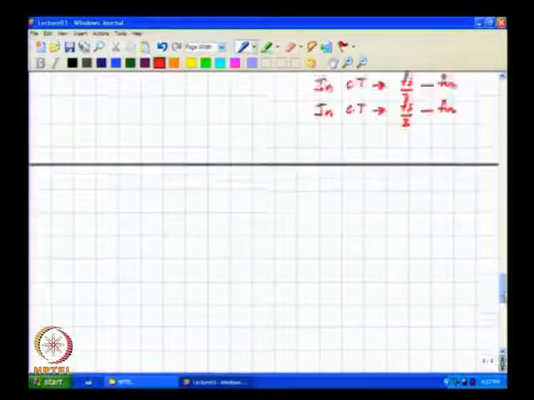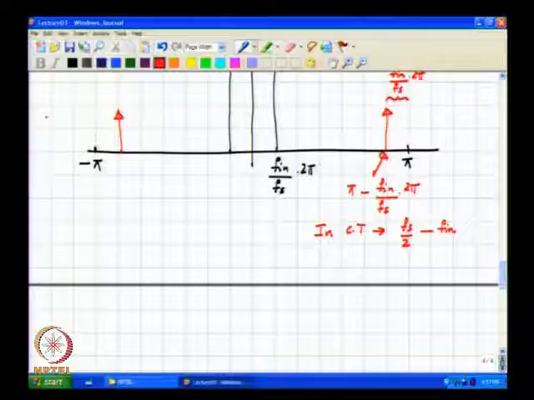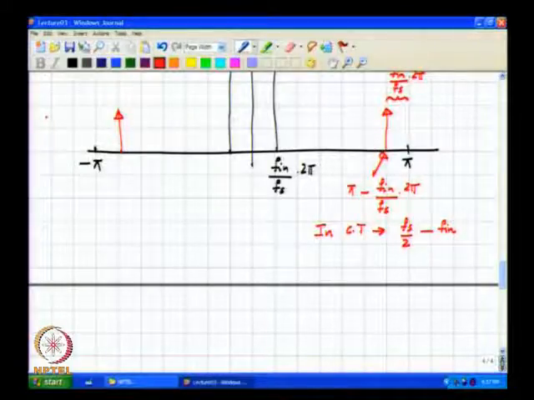You understand. Intuitively, why does this make sense? If you have a tone at Fs by 2 minus f in, can you tell me why this intuitively makes sense?